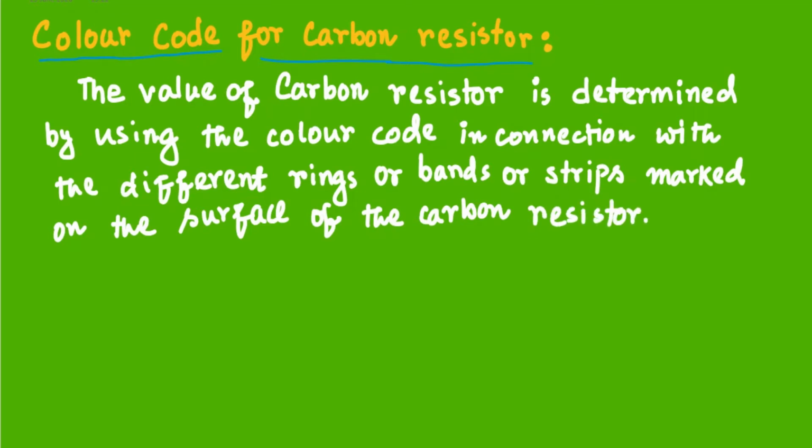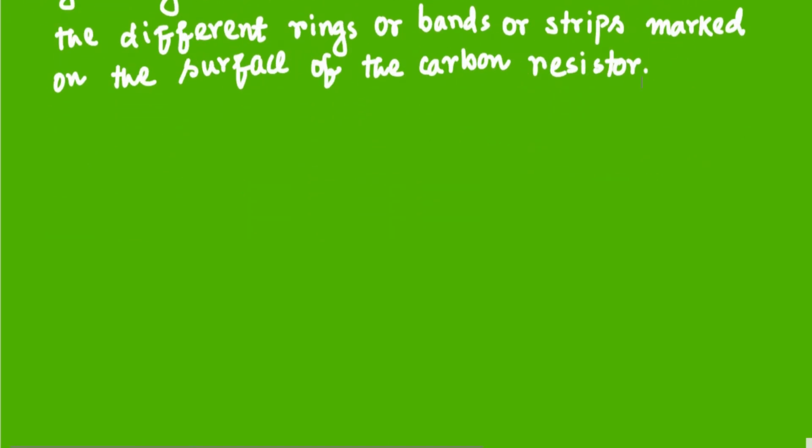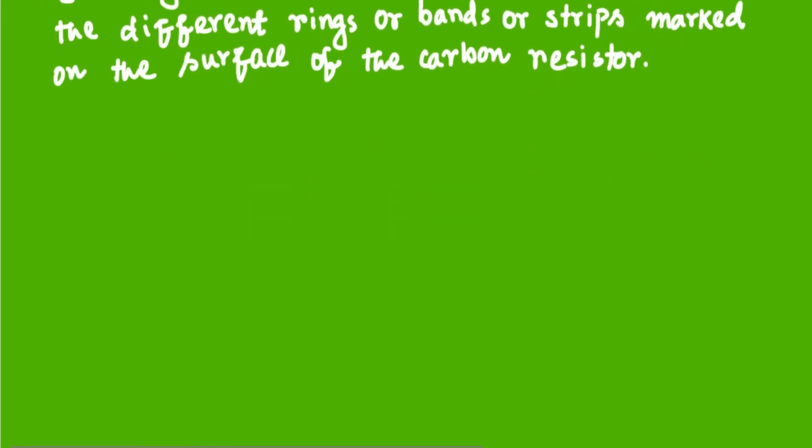The value of carbon resistor is determined by using the color code in connection with the different rings and bands or strips marked on the surface of the carbon resistor.